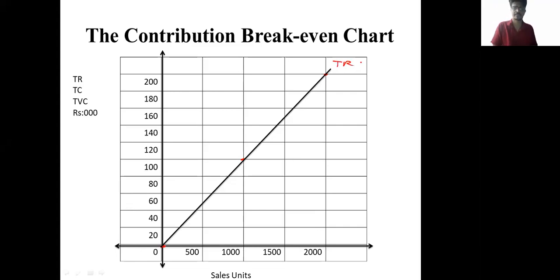Now let's draft the total cost curve. When it becomes 0 units, total cost equals 20,000. Then when it becomes 1,000 units, total cost is 80,000. When it becomes 2,000 units, total cost becomes 140,000.